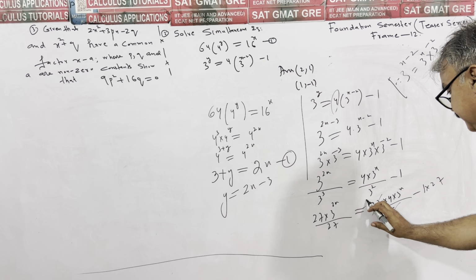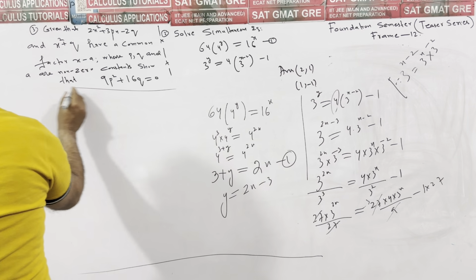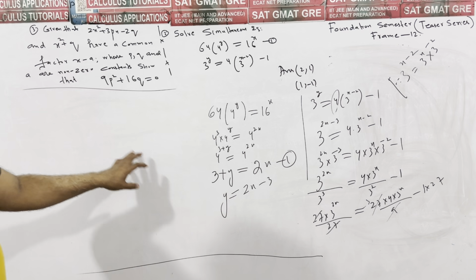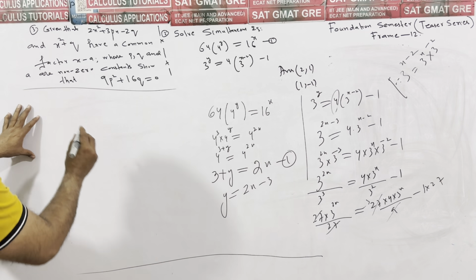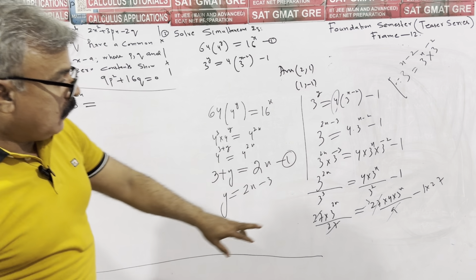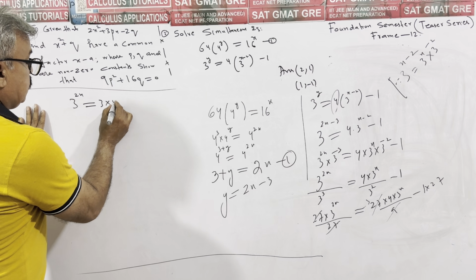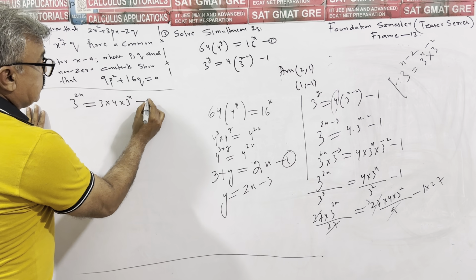Here 27 can be cancelled out. Let me move here, in order to utilize the complete space. I have 3 raised to 2x is equal to 4 times 3 times 3 raised to x minus 27.